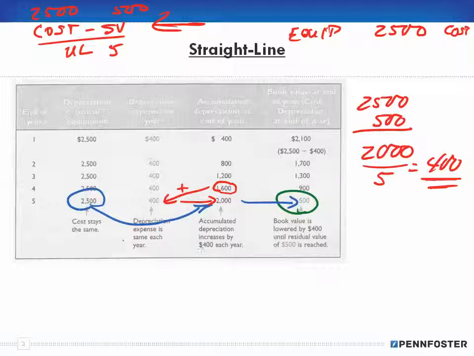The reason for the salvage value or the residual value is that after you've depreciated it, it has a certain book value. Okay, and that book value stays on your books until you dispose of that asset.